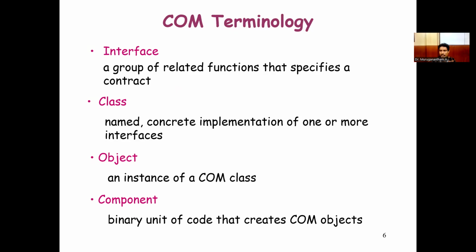If you want to access the interface methods on a variable, you need an instance, which is an object. Finally, all these things we need to build an application. That is where the component is used. When you use a component, it needs to be used on different platforms, where a binary unit of code is created with the help of COM objects. These are a few terminologies used in COM.